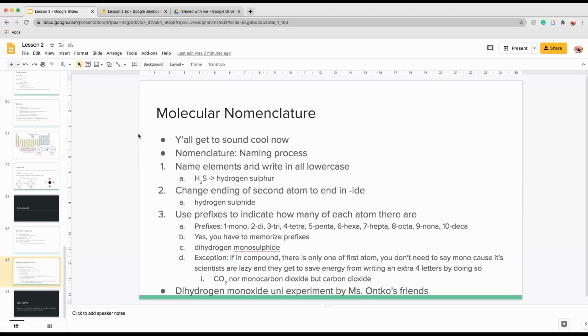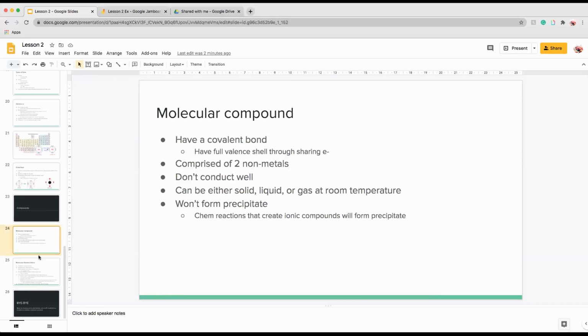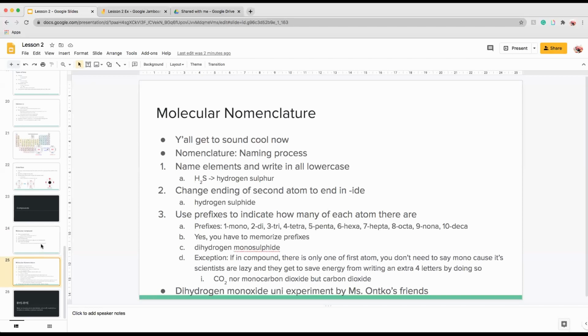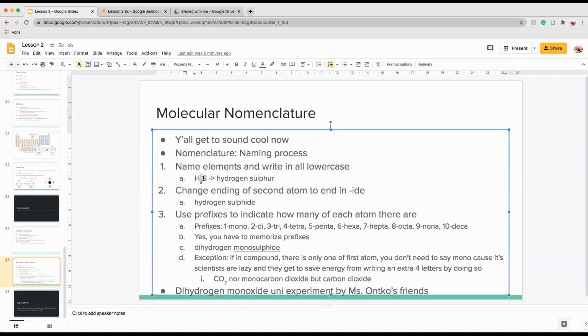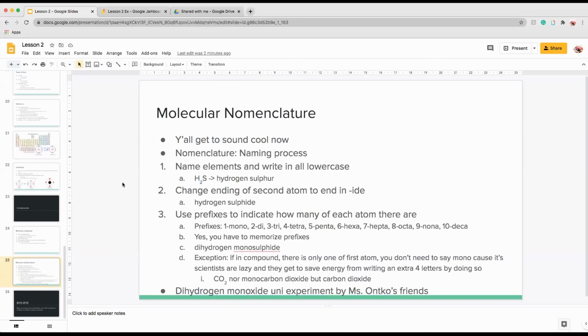Okay, as I said on here, y'all get to sound cool now. Nomenclature means the naming process, the naming process of molecular compounds. An example of a molecule is when two hydrogens and a sulfur bond together.